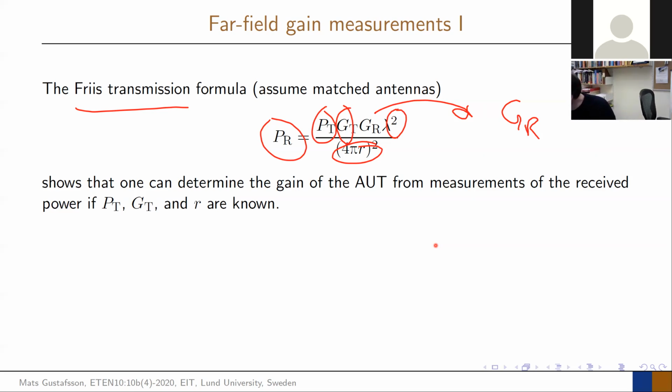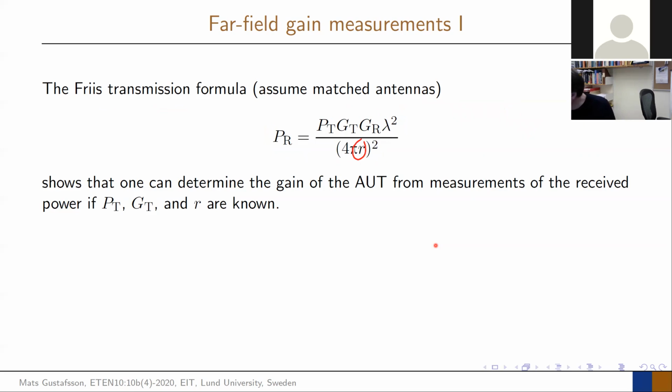The next thing is that the distance is in many cases non-trivial. If I take these two and put them up here, my horn and my patch antenna, from which point of this horn should I measure the distance? If I move it very far away, like 50 meters, it doesn't matter if I measure from inside here or from the edge. But if they are 2 meters away, it's quite a big difference to take different points.